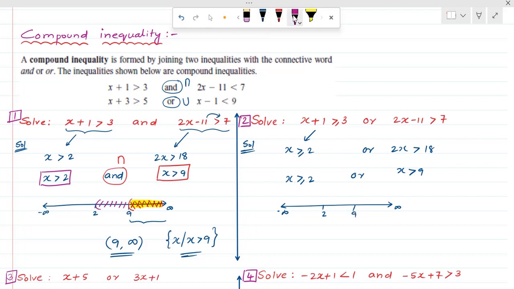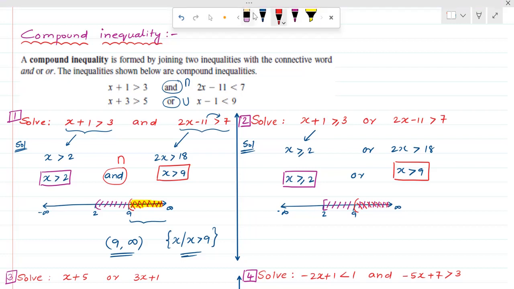The first part is x more than or equal to 2, which means closed to the right. Similarly, the next one, x is more than 9, is open, not equal, therefore open to the right.